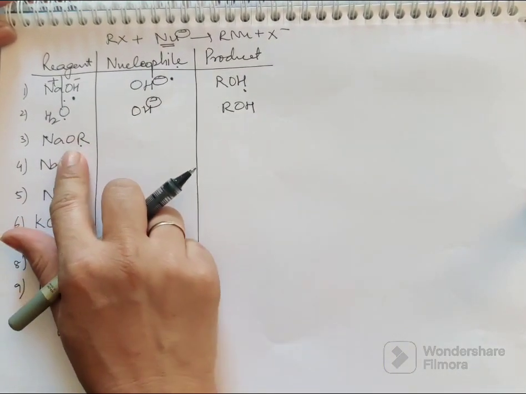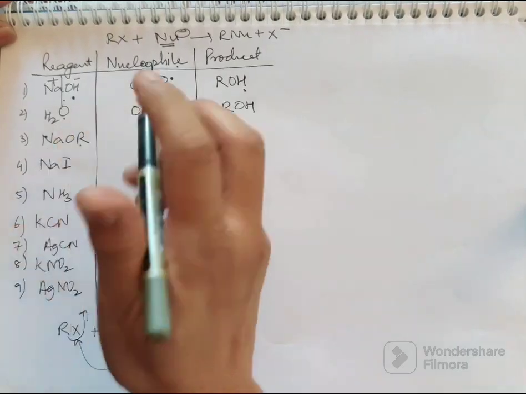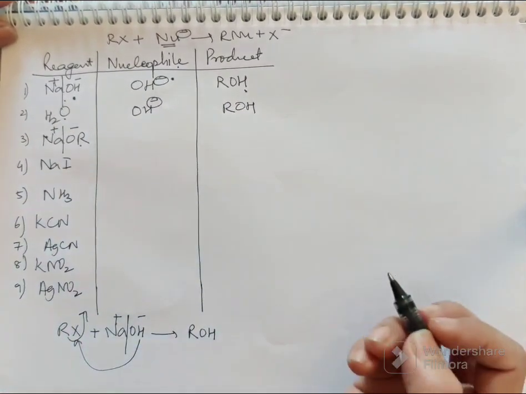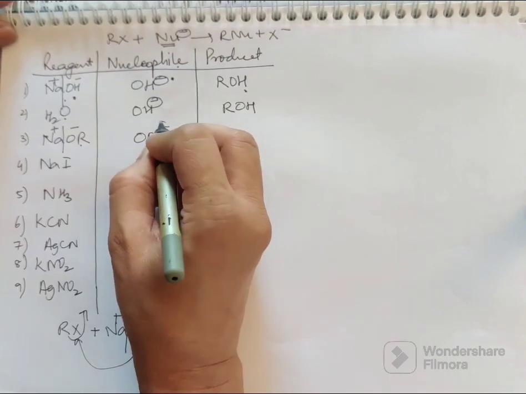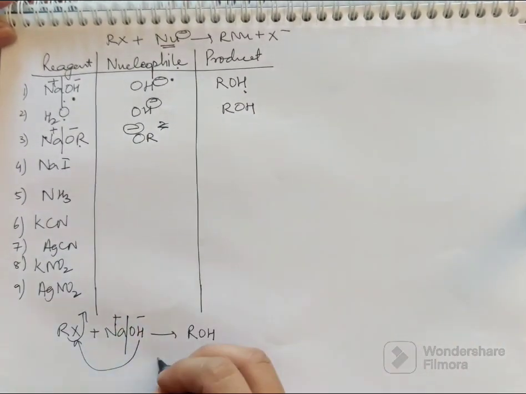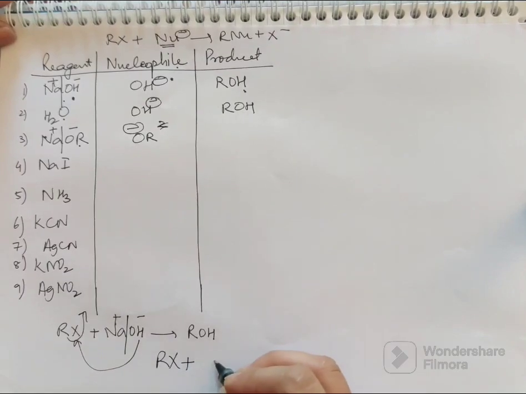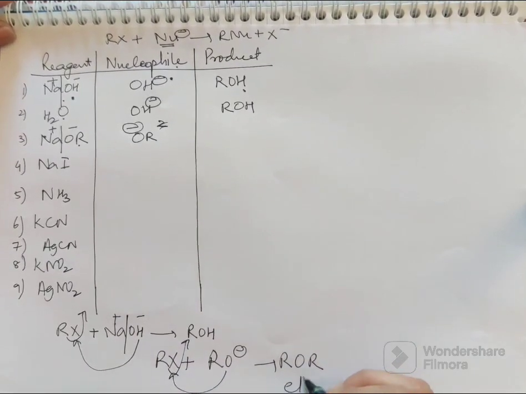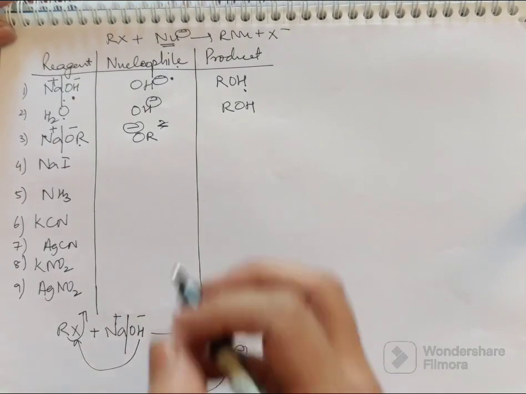NaOR. Now there is one question in your back exercises on this. NaOR is RO minus Na plus, which means it will give OR minus nucleophile, and when RX reacts with RO minus, this nucleophile substitutes X and we get ROR, which is nothing but ether.